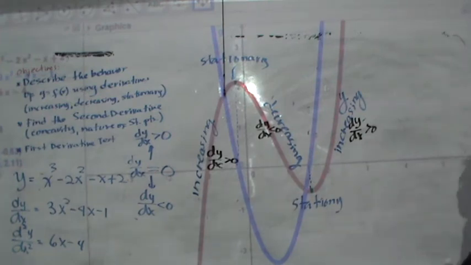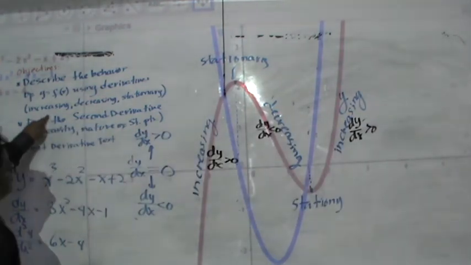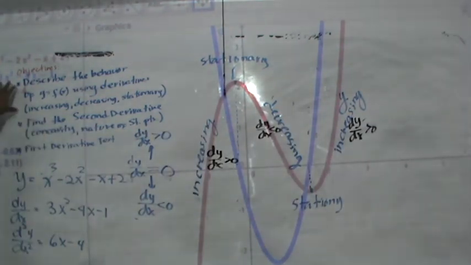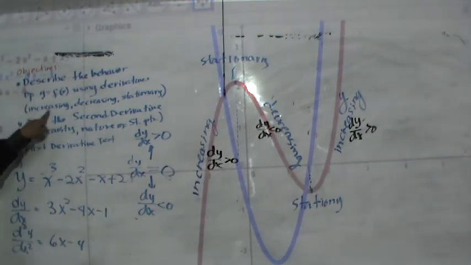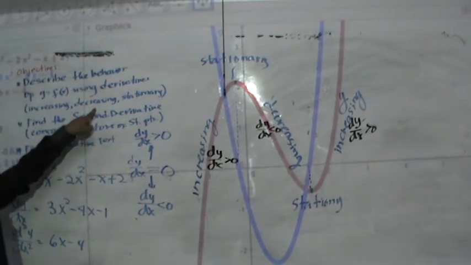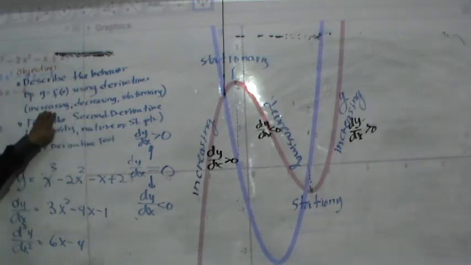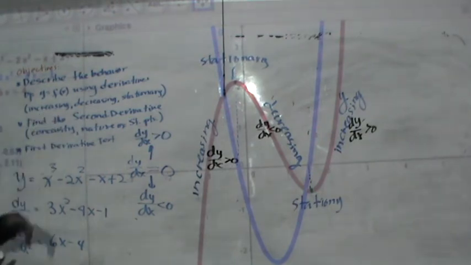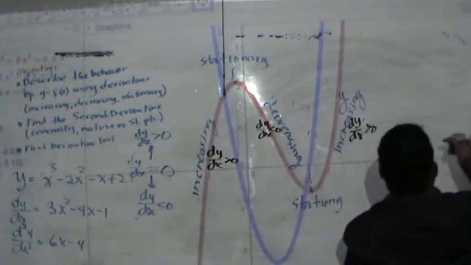Okay? So that is our objective number 1. Using the first derivative, you need to identify whether the function is increasing or decreasing. When can you say that it is increasing? If the dy/dx is greater than 0. Let us put that one here as a summary.